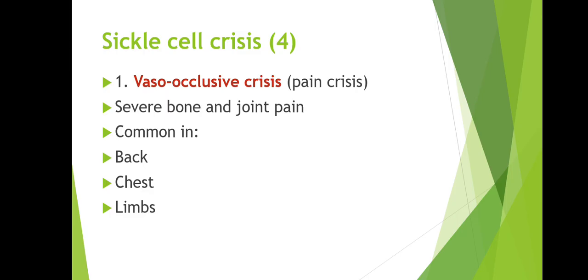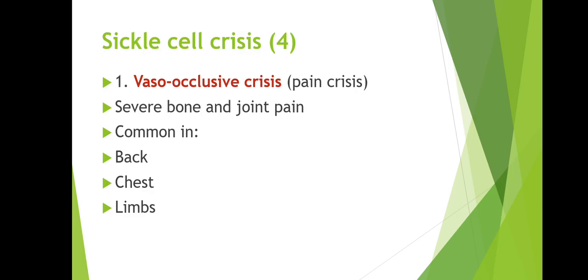Okay, this is what we mean. So the vaso-occlusive, we call it pain crisis. Why? There's going to be severe bone and joint pain. Just imagine a situation where particular tissues are not receiving enough blood, just like when you sit on your leg for an hour, how you feel, that kind of numbness.